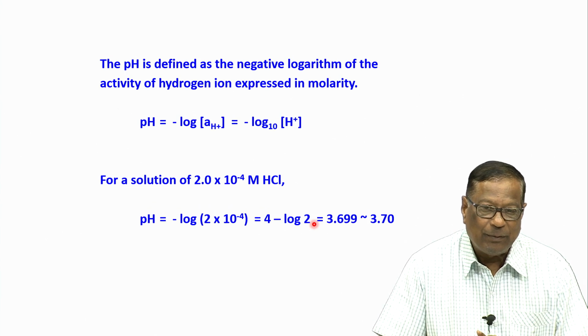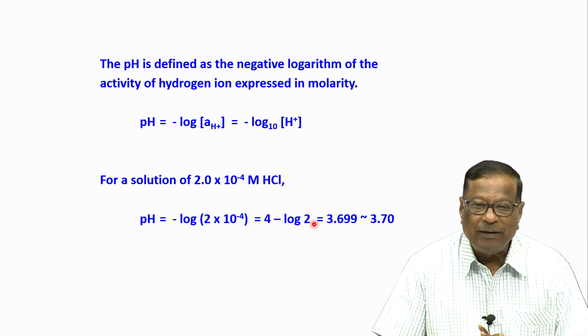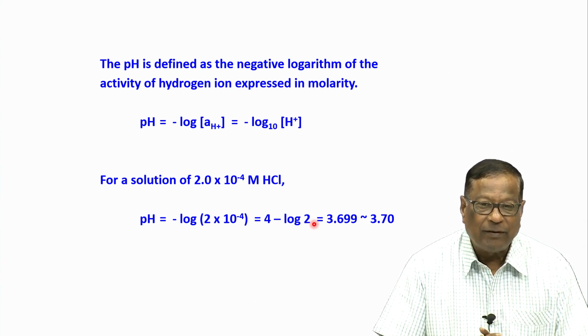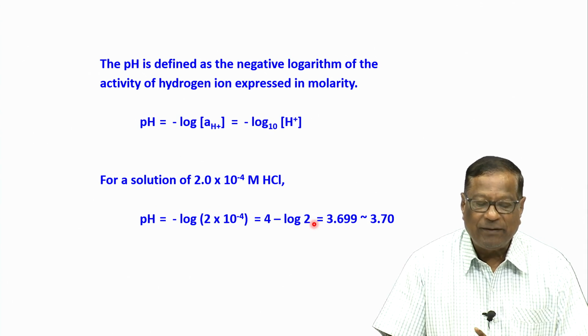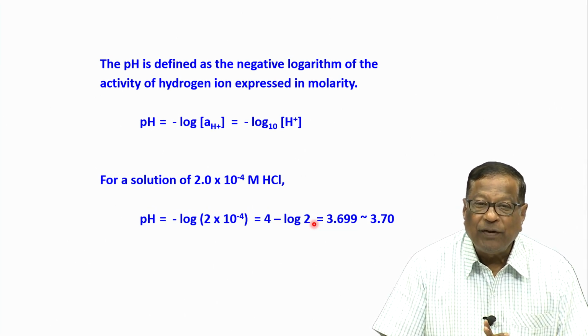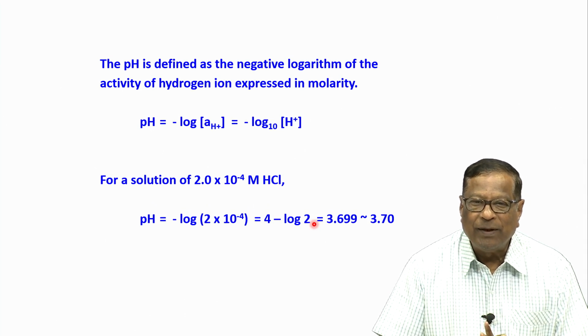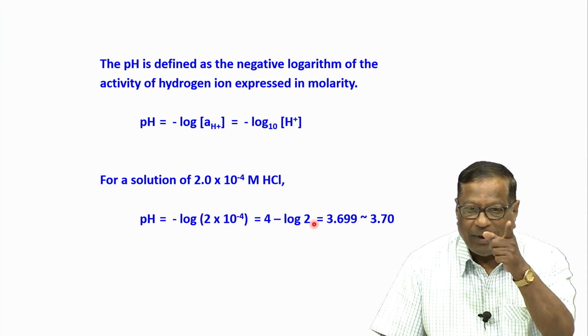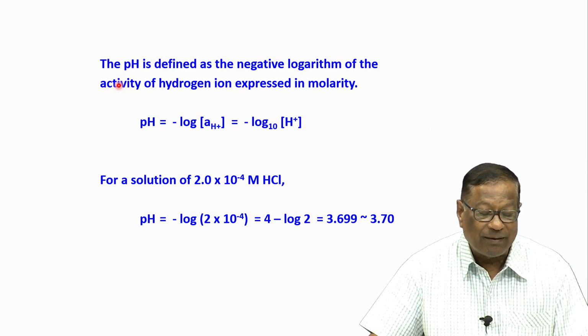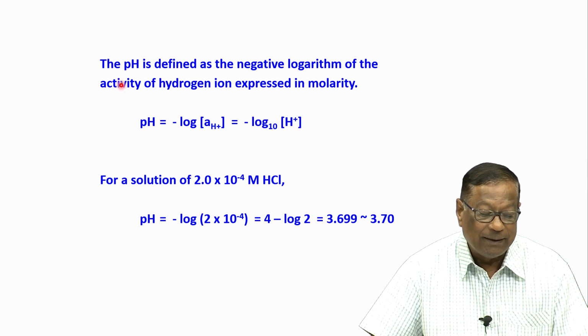This definition you must know by heart, and this is the thermodynamically correct definition of pH, but in practical terms we say pH is the negative logarithm of the concentration of hydrogen ions expressed in molarity. Replace that term, activity, with concentration; that is practical.